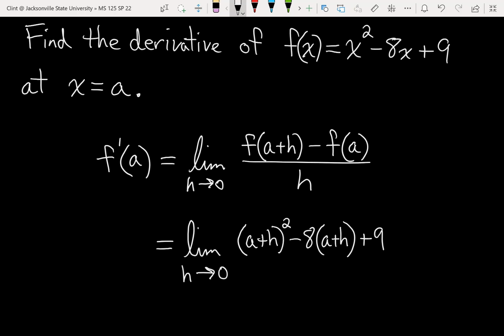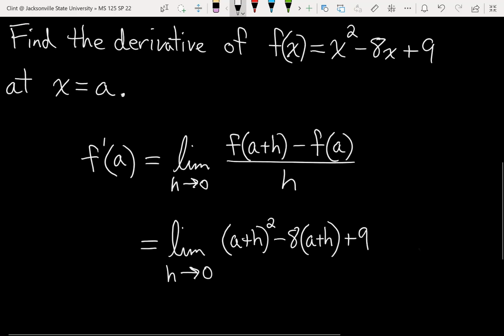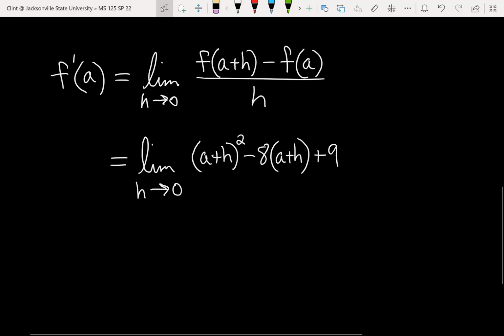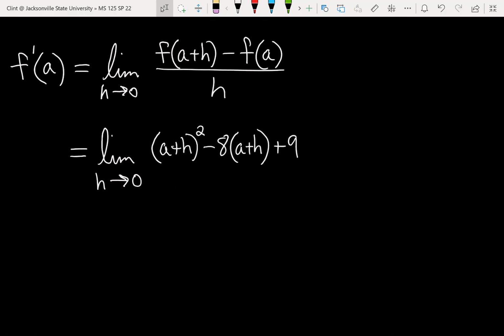And we've got to do the same thing with f of a. It's easier, but we do have to be careful because we're subtracting here. I strongly recommend putting a parenthesis or a bracket there to remind you to subtract everything that comes after it. That's going to flip all the signs. So here we'll have a squared minus 8a.